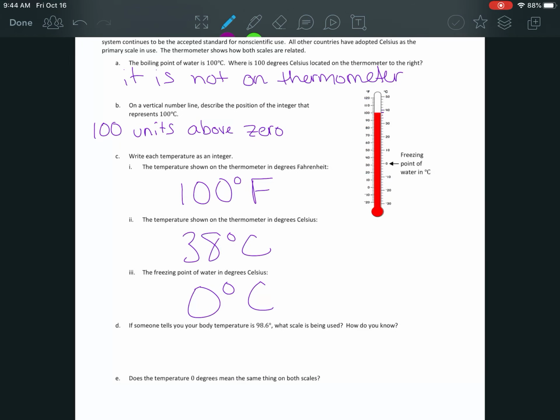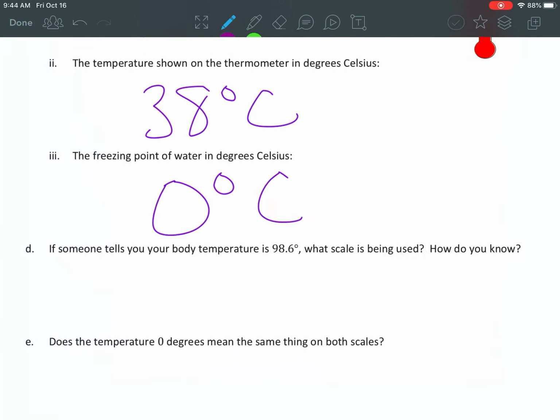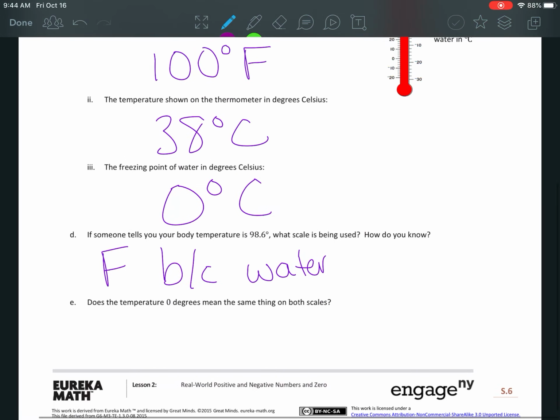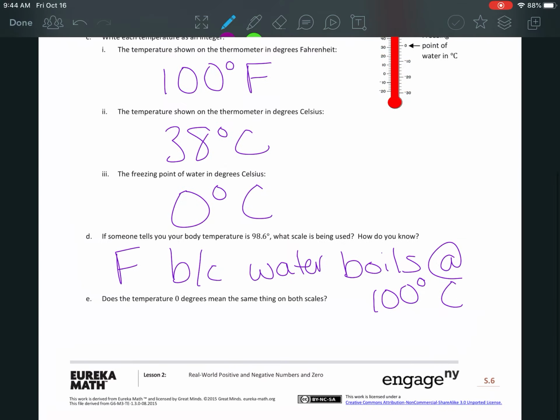And if somebody tells you your body temperature is 98.6 degrees, what scale is being used and how do you know? So is that Fahrenheit or Celsius? Well, Celsius, we know 100 degrees is the boiling point of water. Are you almost boiling? No. So it'd be Fahrenheit because water boils at 100 degrees Celsius.